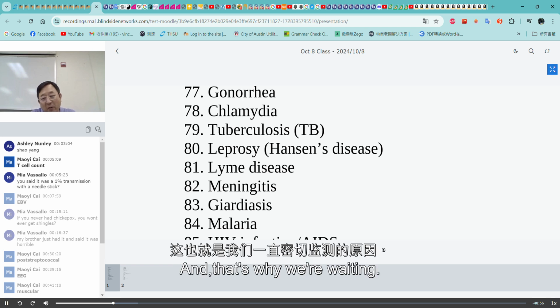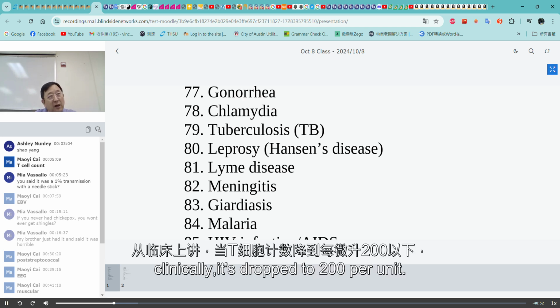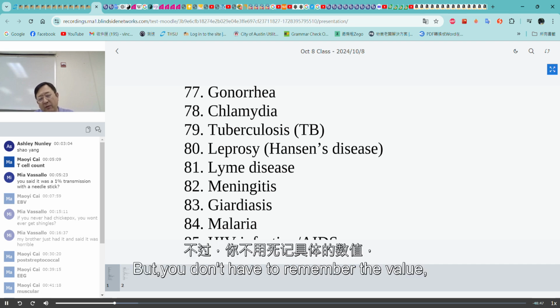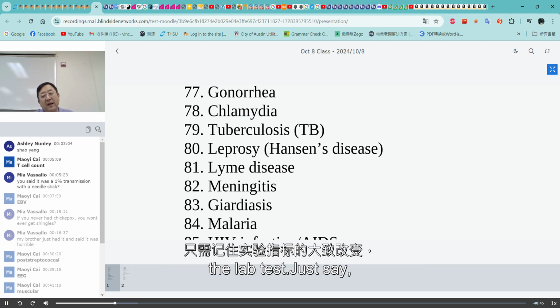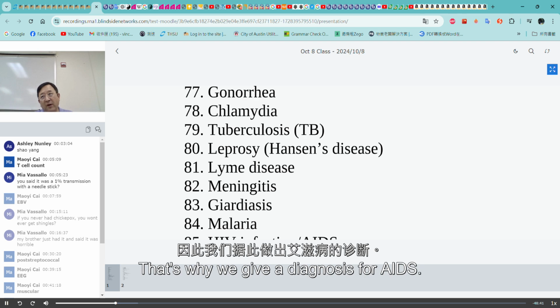That's why we wait until the T cell level drops. Clinically it's dropped to 200 per unit, and then we diagnose AIDS. But you don't have to remember the value of the lab test. Just say the T cell count drops to a certain level, and that's what we give a diagnosis of AIDS on.